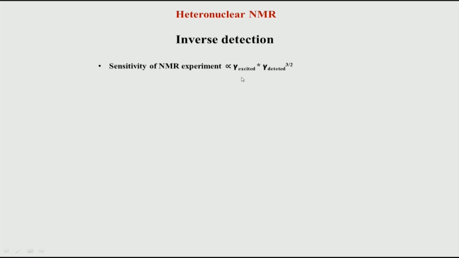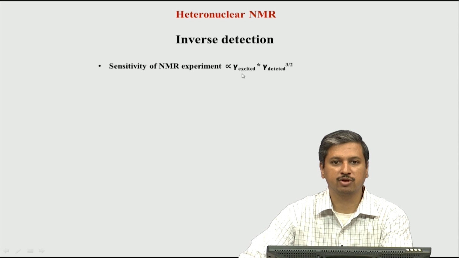So, the gamma of that nucleus matters, and what matters is also what nucleus is detected in the end. In the proton experiment, both of these were hydrogens, but in the HETCOR experiment this was hydrogen, but this was carbon. And carbon is 4 times less compared to proton.